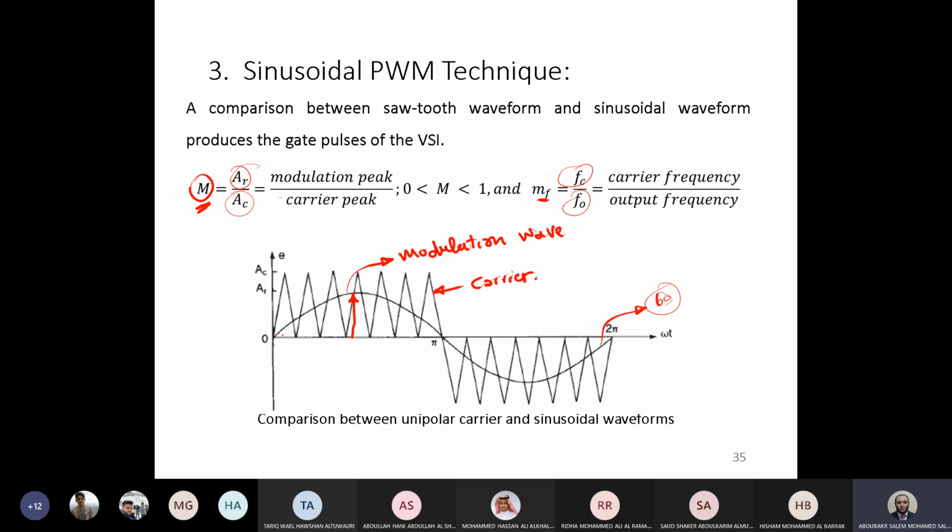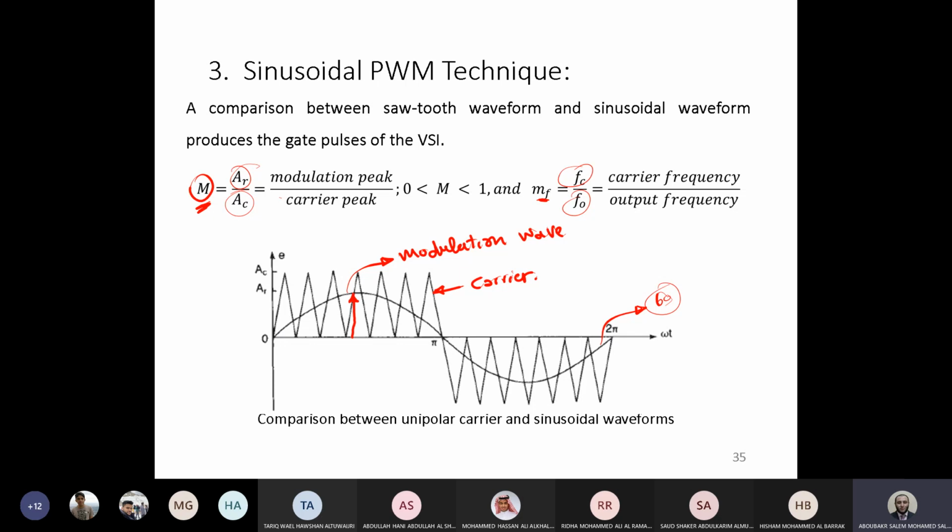How many samples can we make per one cycle in order to get a high resolution sinusoidal output? Hey, what do you think? 10 times more. 10 times. If it is 10 times, by the way, it will be a very distorted waveform. This means that you make the switching frequency 600 hertz.